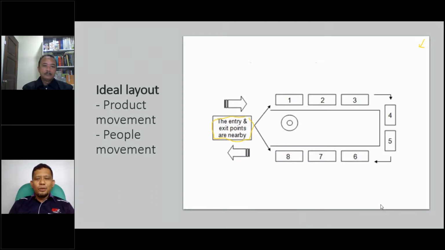So where should we put the tank farm? Let's say you have the tank farm plus the raw material warehouse. First, look at the entry point. So this is the entry point. The best, if we can, is to put what we call the tank farm here.